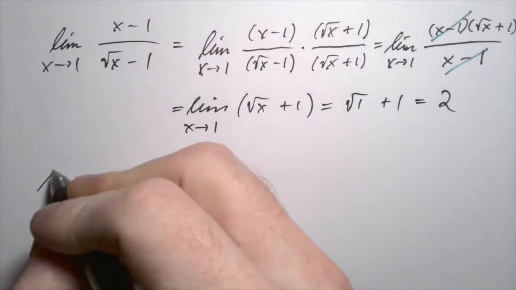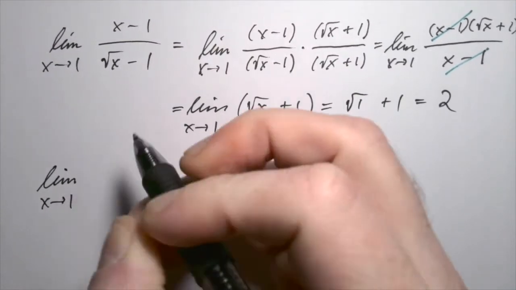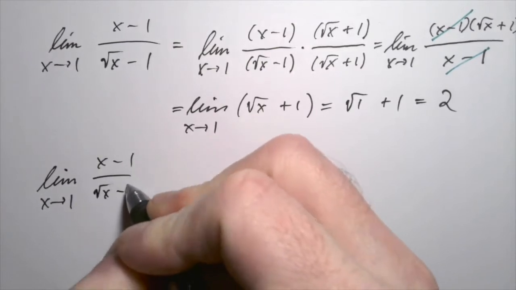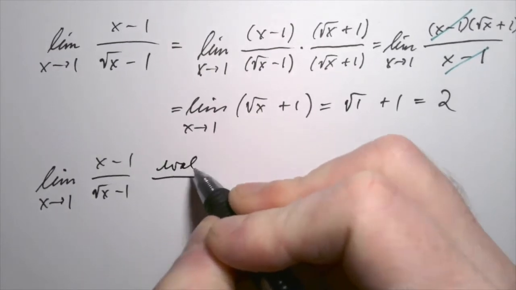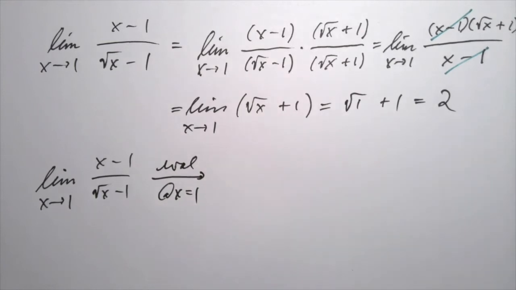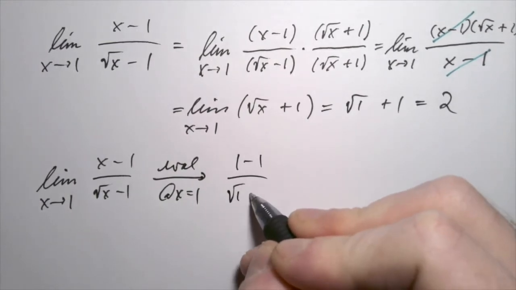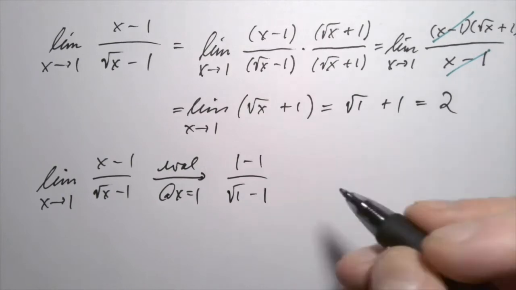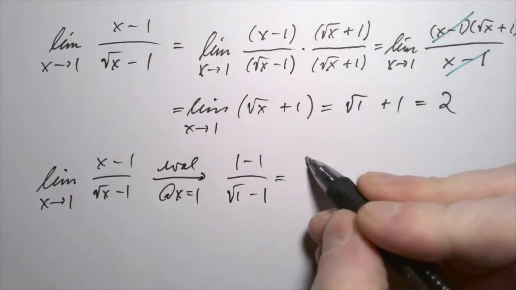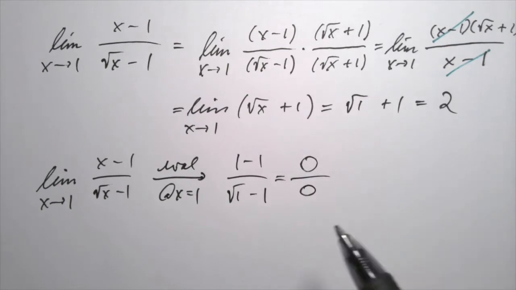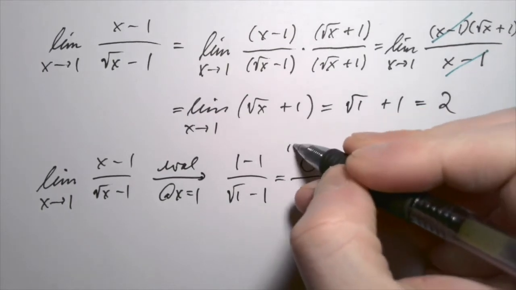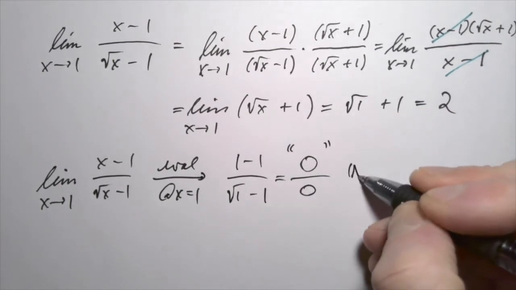And the key is that if we look at the original limit, if we just tried to evaluate naively, if we just plugged in the x value 1, what would happen? We'd end up with 1 minus 1 on top and square root of 1 minus 1 on the bottom. Well, that's our old friend. It's 0 and 0 on both the top and the bottom, so we get this indeterminate form.